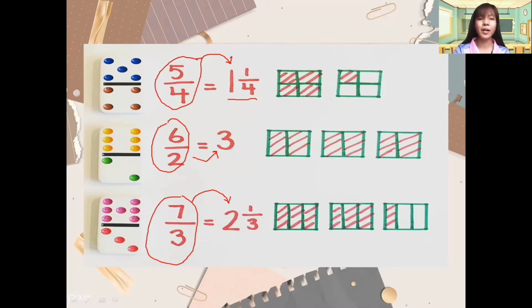So how many 3s are there in 7? There are 2 3s, right? That's why it's 2 here. And then what's the number left? It's 1. So 1, and then copy the denominator. Alright? Okay. So this is how you're going to simplify your answer.